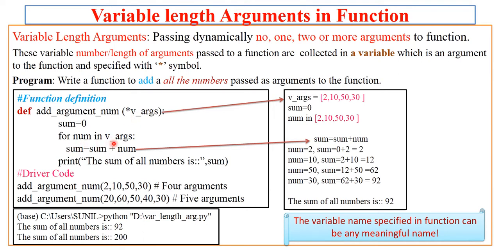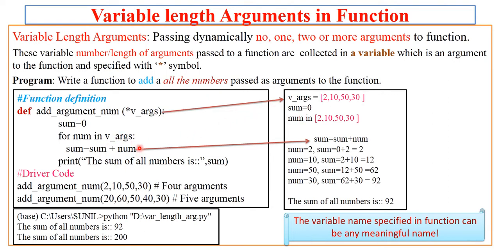One needs to understand here that v_args is the single variable, but that variable is just a reference to the list which is created internally. Now let us focus on the actual implementation of this function.